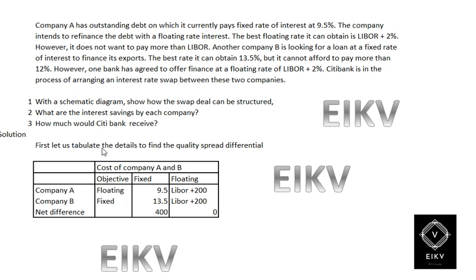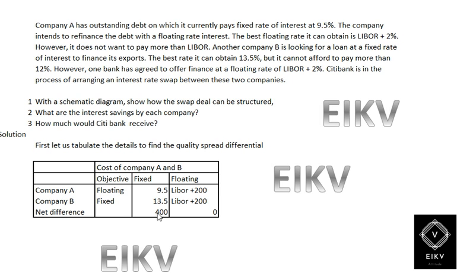So first, let us tabulate the details to find out the quality spread difference. Here we have company A and company B. Company A requires a floating rate; its fixed rate would be 9.5 and floating LIBOR plus 2%. Company B prefers a fixed rate, but its fixed rate would be 13.5 and floating LIBOR plus 2%.